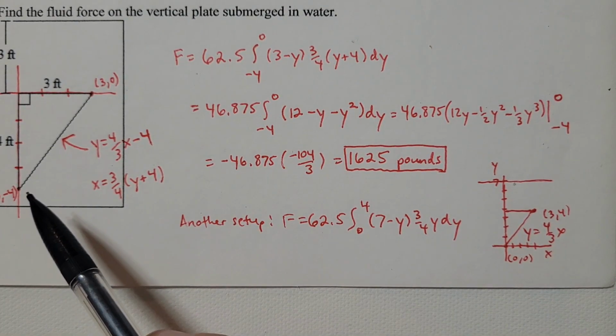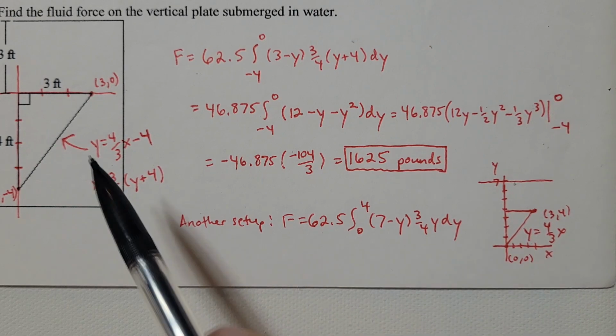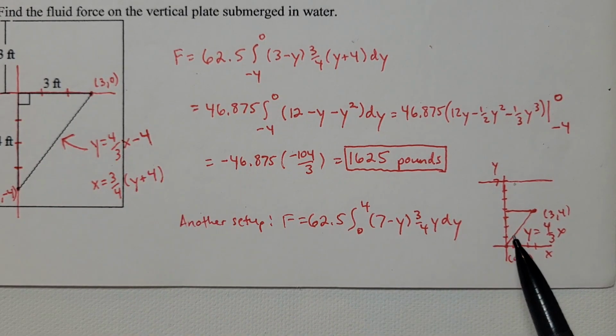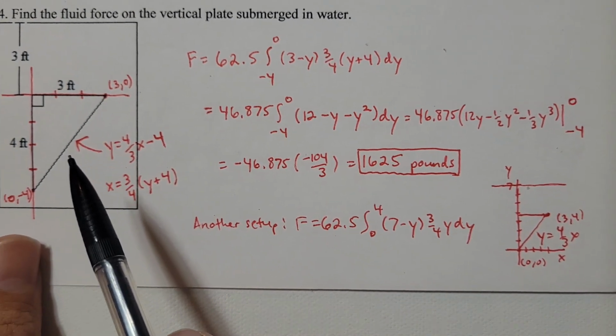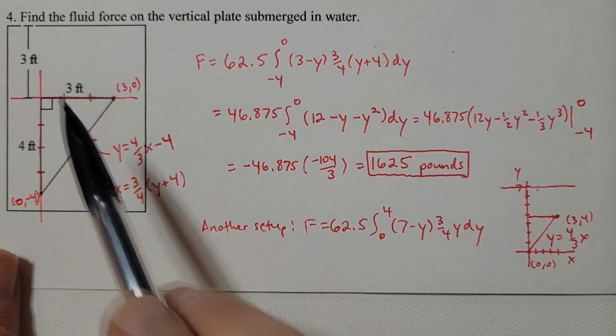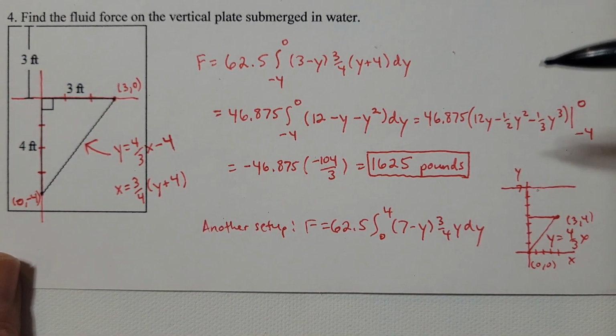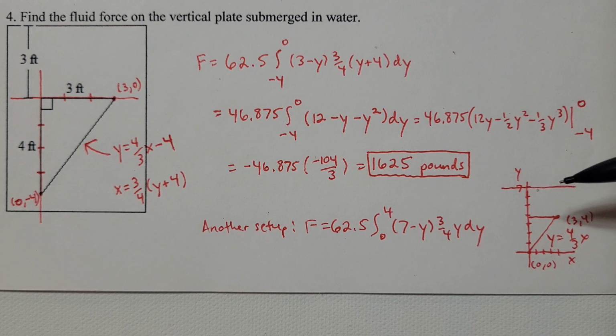Like what if I had the bottom of the plate be at the origin, and then the top right corner is going to be at the point 3, 4. Okay, and then, let's see, 4 plus 3 is 7, right? So here's where the watermark is. It's 7 feet.